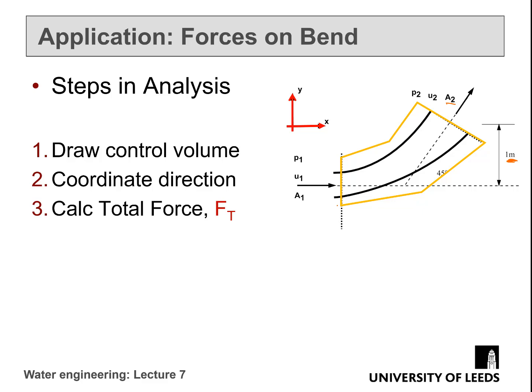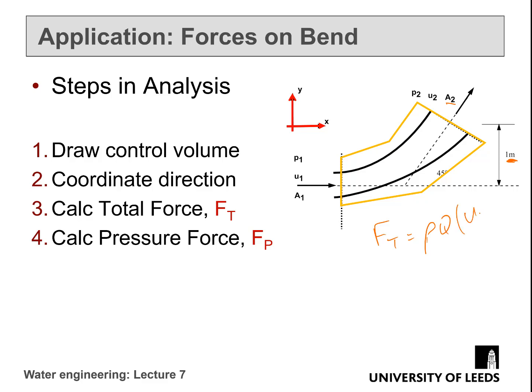We'll calculate a total force from our total force equation. Remember that, Ft equals rho Q (U2 minus U1). Well, we have to resolve the U2 and U1 in the appropriate directions, X and Y. We'll calculate the pressure force, Fp. We'll see how that's done. We'll calculate the body force, essentially the weight of the fluid.